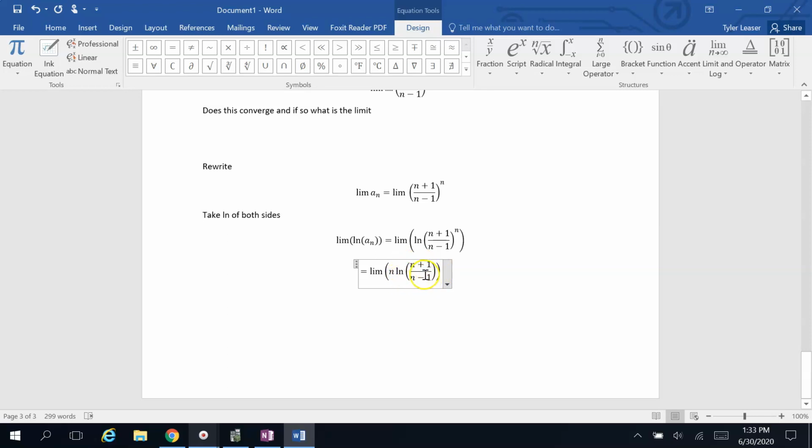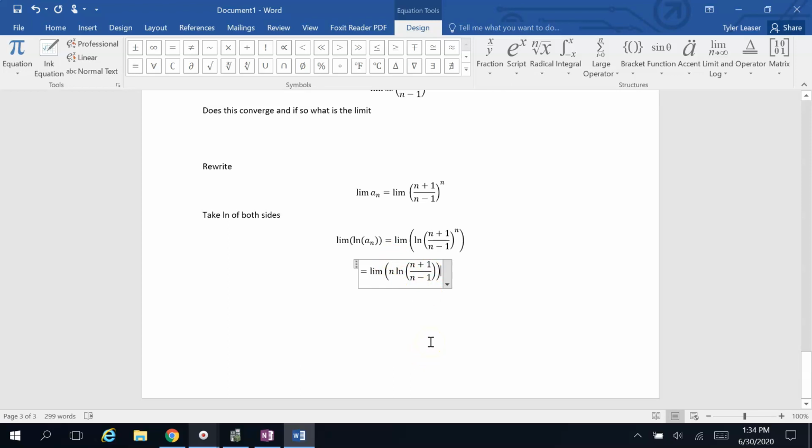But then the natural log of 1 is 0. We end up with n going to infinity times 0. That is not always what you think it's going to be. This does not necessarily go to 0, even though this goes up to a big number and this goes to 0. It may converge to anything, and I think you'll be surprised at what this eventually converges to.